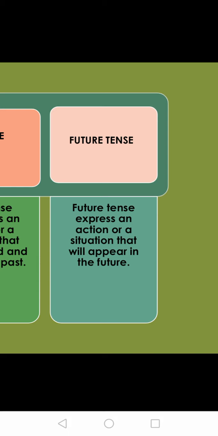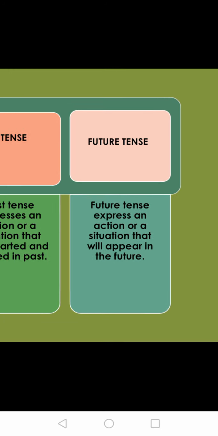Now future tense expresses an action or a situation that will appear in the future. It is going to appear now. Okay, it is going to appear, that is yet to come. So these are three tenses: present, past and future. Present is now, currently, past was started and finished in the past, and future will appear in the future.